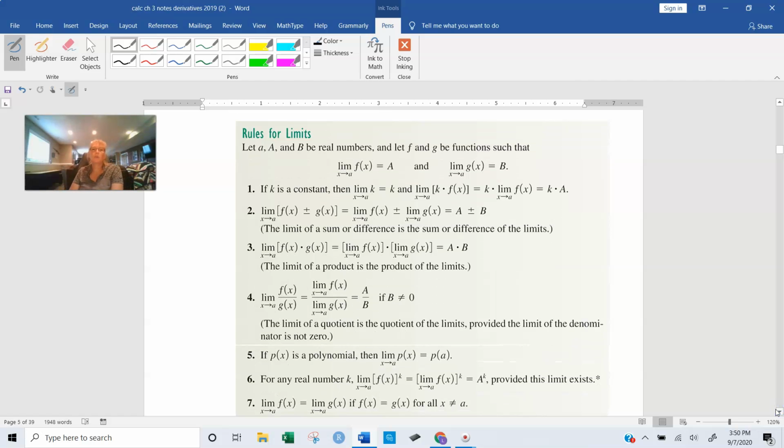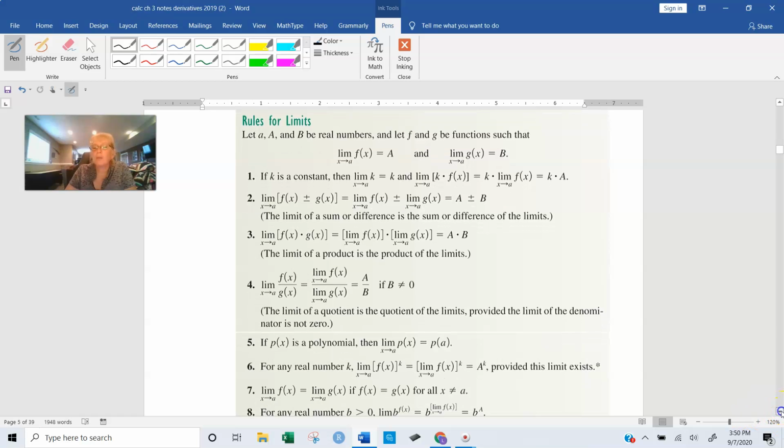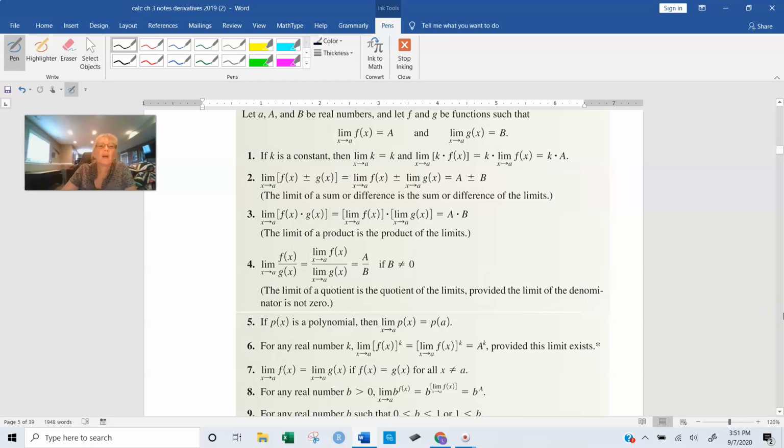Okay, these are the rules for limits, and they're kind of self-explanatory, and I never make you write the rule down. I just want to make sure you understand them. Okay, we got two functions, and the limit of f is a, and the limit of g is b. If you're taking a constant, then the limit is equal to the constant, okay? And if I'm taking a constant times a function, then I can take this constant out and just find the limit of the function times the constant.